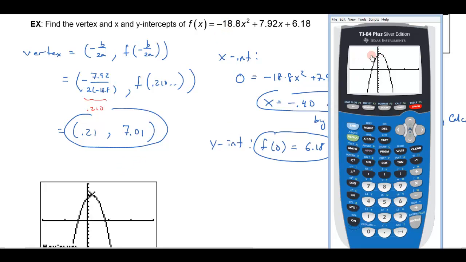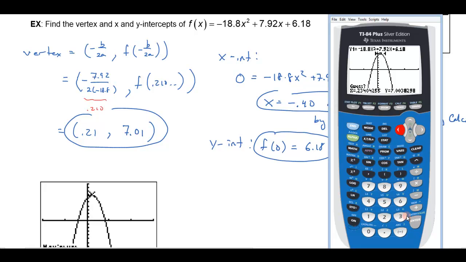If I want to verify that on my calculator, I can calculate. So I hit the second button and then calculate, and I want the maximum, right? Because the vertex, because it's opening down, is going to be a maximum. And then I'll give it a left bound, so I'll go over on the left hand side of the maximum, hit enter, and arrow over on the right hand side of the maximum and hit enter, and then give it a guess.